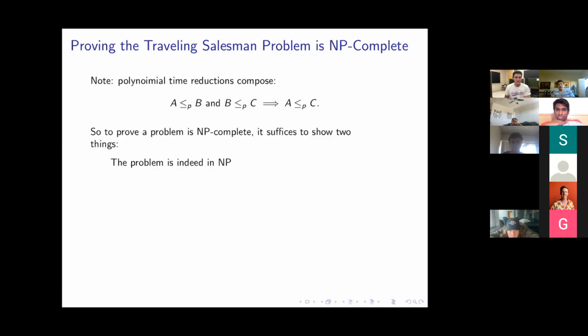This means that in order to prove something is NP-complete, it now suffices to show two things. It suffices to show that the problem is indeed in NP, that part's never going away. But now, the other thing I'm supposed to show is that any NP problem can be reduced to the problem I care about.